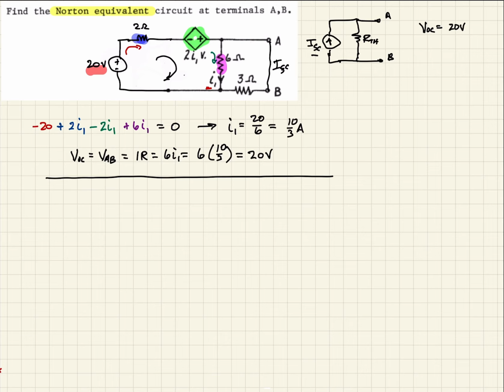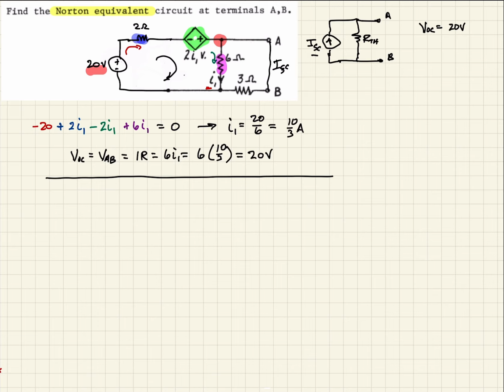So to do that, we want to do a node analysis. So let's start our colors over here again. So we're going to be looking at this node here, and we're defining current leaving the node as positive.